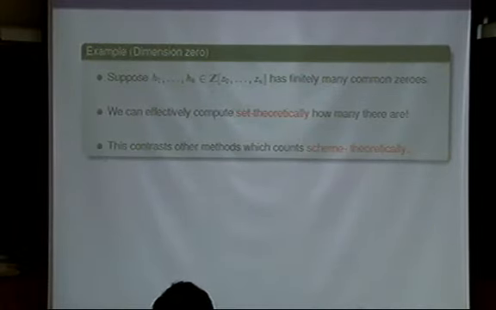If you have a system of polynomials, and suppose that such a system has only finitely many zeros, then we can count how many zeros there are, because the Euler characteristic in this case is just the number of points. So this contrasts with other Macaulay2 methods, which usually count everything scheme-theoretically. I just count how many there are. I don't care what the multiplicity is.